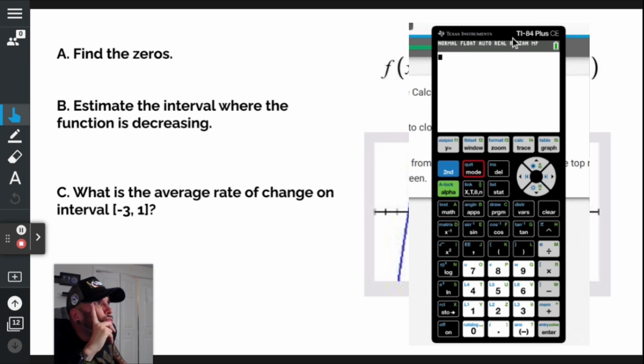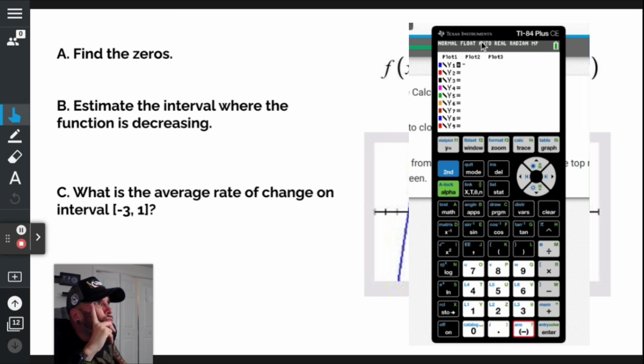All right. We are using a TI-84 Plus CE color edition to graph the function that we're given. Whenever you want to graph, you're going to hit y equals. Now, the frustrating thing right off the bat is we start out with a negative. The only place on the planet where a negative and a minus sign are different is the Texas Instruments family of calculators.